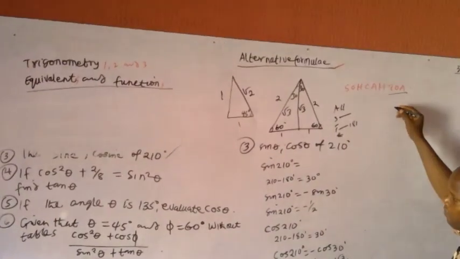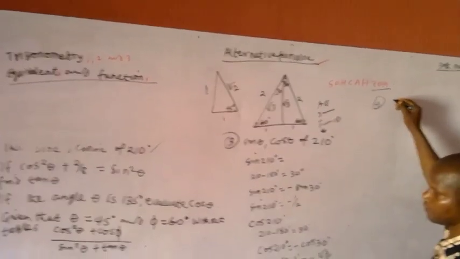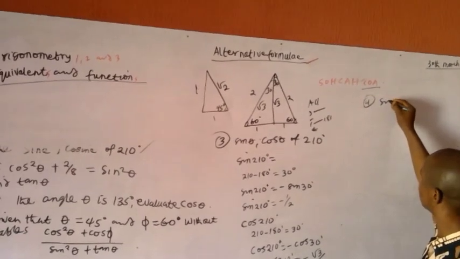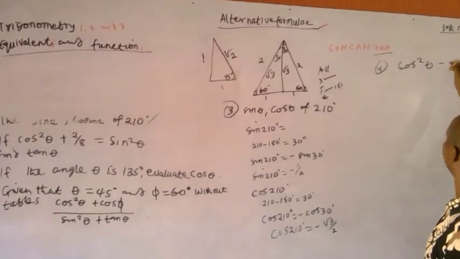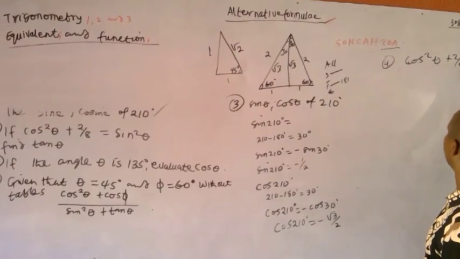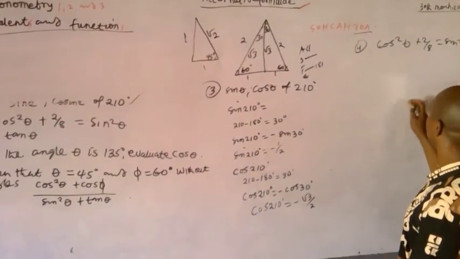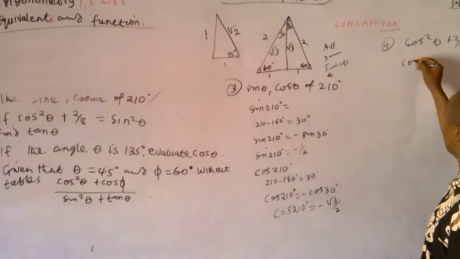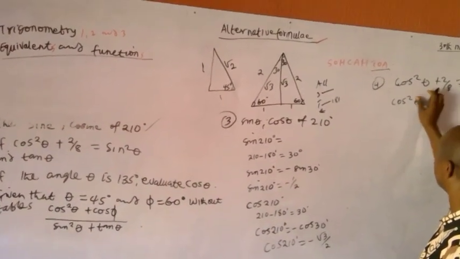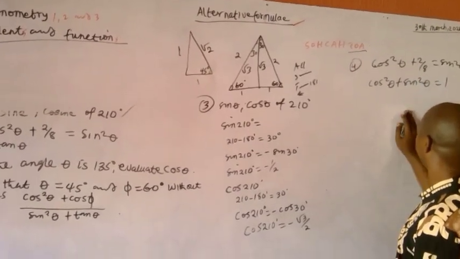So call this number 4. If you are given that cos square theta plus 2 all over 8 is equal to sine square theta. Just as a quick reminder, cos square theta plus sine square theta is equal to 1.